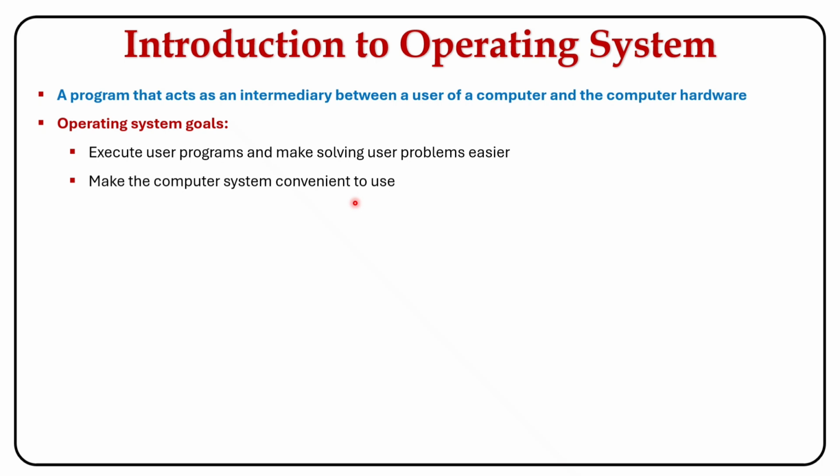The third goal is to use the computer hardware in an efficient manner. The operating system manages the CPU, memory, storage devices, and input-output devices so that multiple programs can run smoothly without wasting system resources.